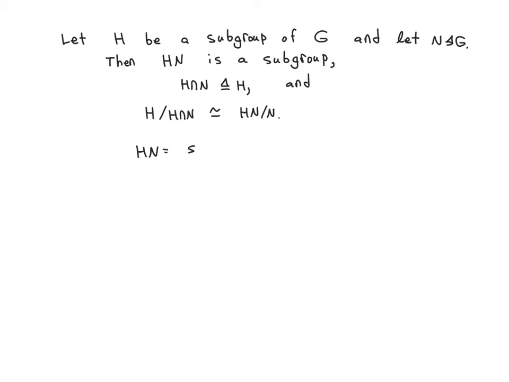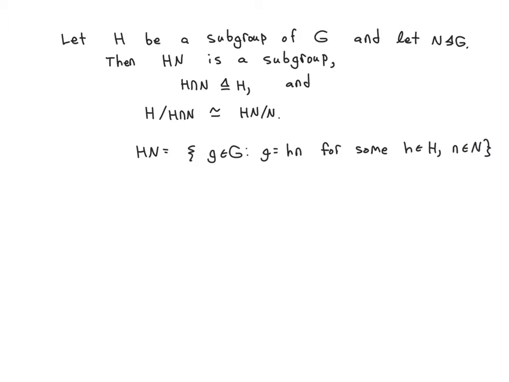We have to remember this set HN is just all elements in G that can be factored as little h times little n, for some h in H and some n in N. And so we already saw a set like this when we discussed direct products.